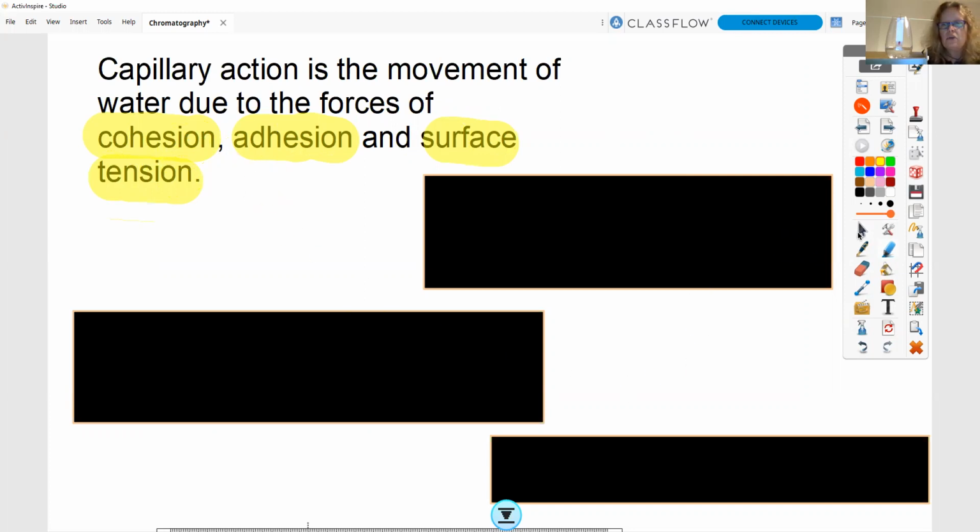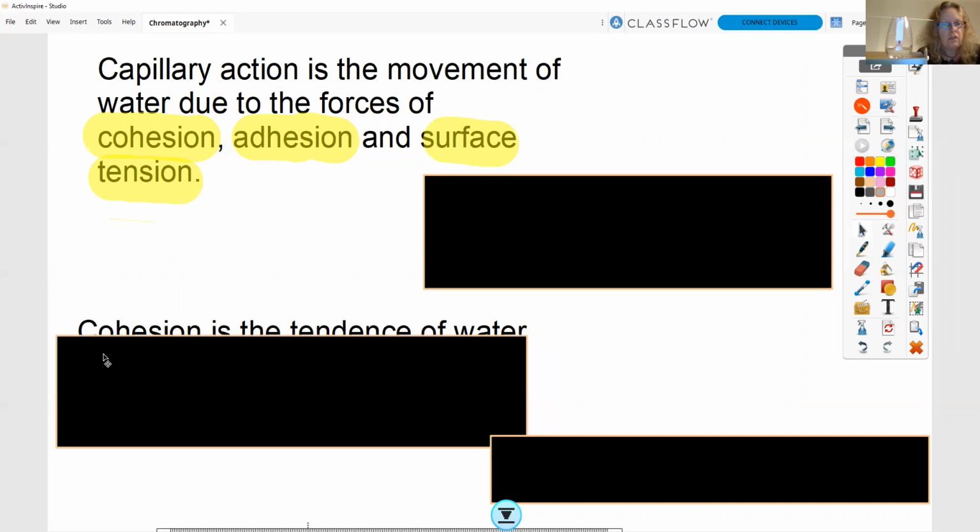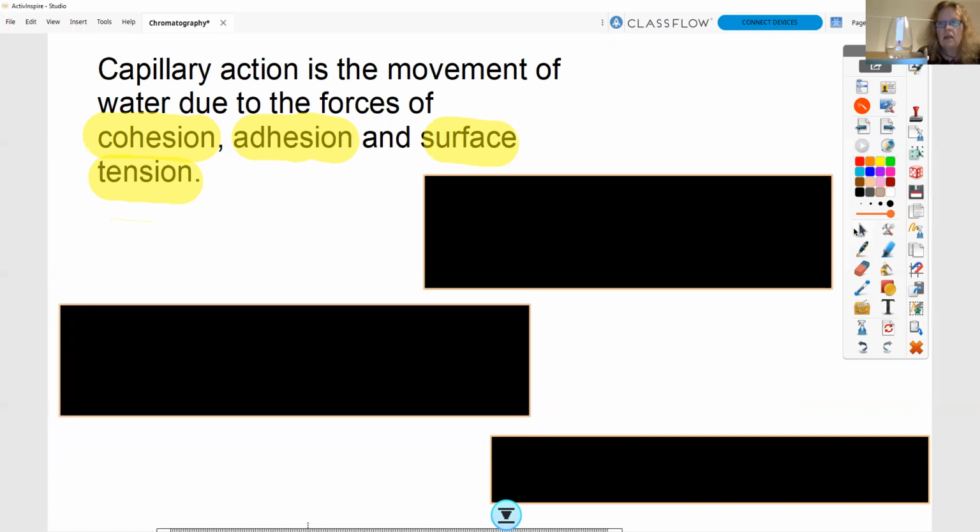Cohesion comes from the word cohesive, and it means holding together. The molecules in water are very cohesive. So the water coheres to itself. The molecules are attracted to each other. They're polar. They like to group together, and they attract to each other. Cohesion is the tendency of water to hold to itself.